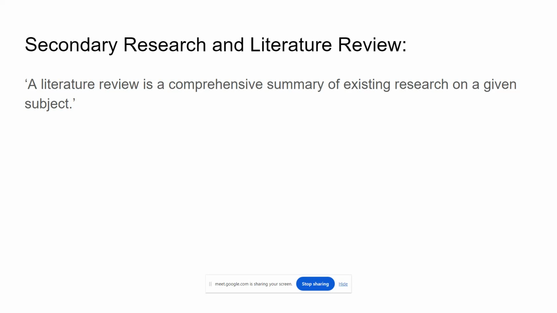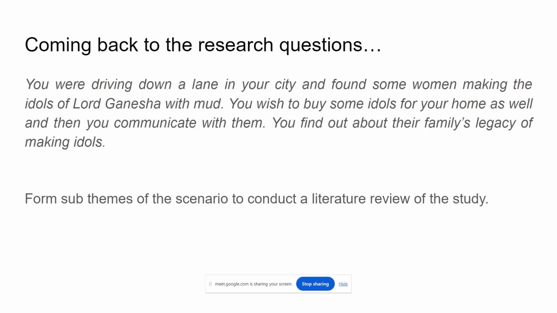So you build your own understanding of how you would want to go through the literature review. That comprehensive summary that you build is your style of doing the literature review. My comprehensive summary might be very different on the same research question, right? I may be referring to very different sources, very different papers all through. So this comprehensive summary of the existing research is very personal. It might depend on the researcher.